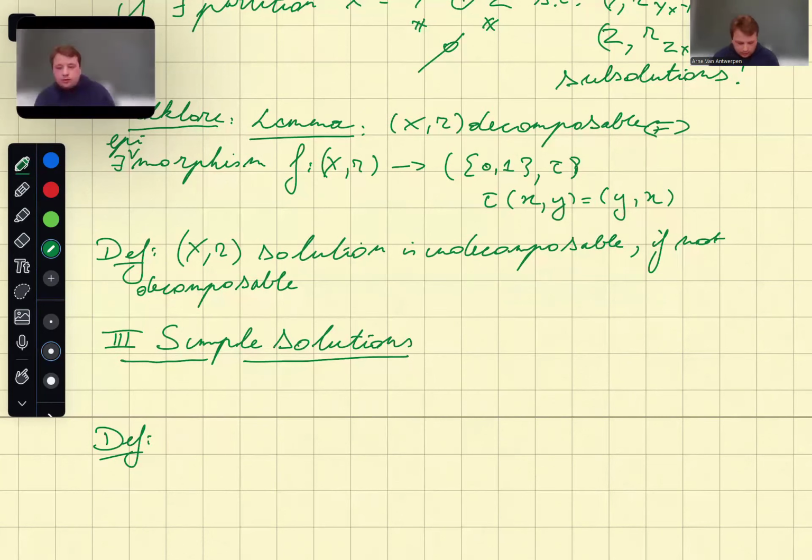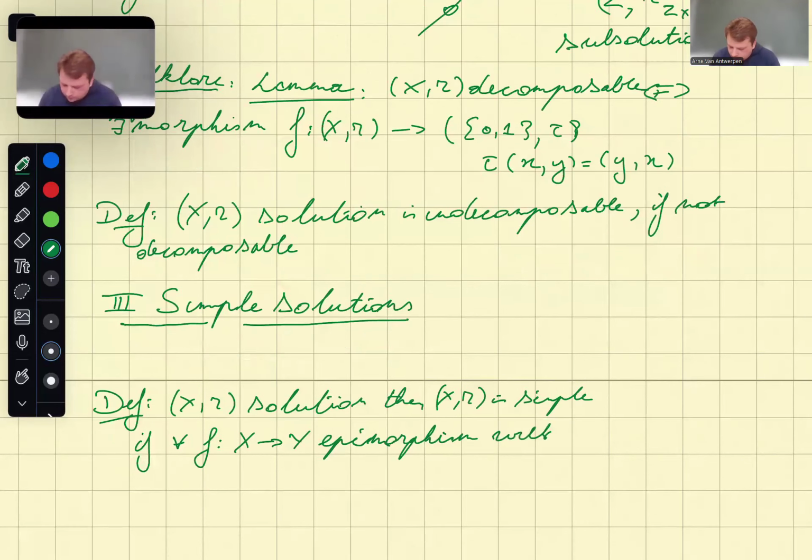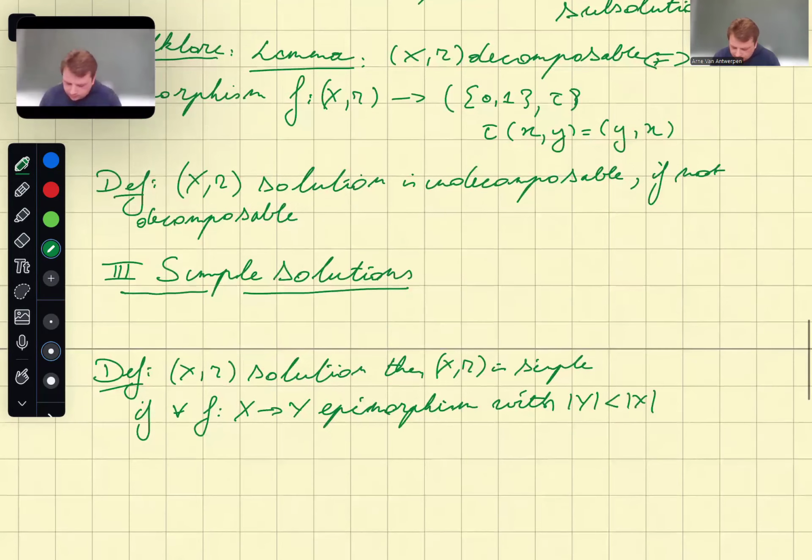So we say that if (X, r) is a solution, then (X, r) is simple if, for every epimorphism from X to Y with the size of Y strictly smaller than the size of X, the size of Y has to equal 1.